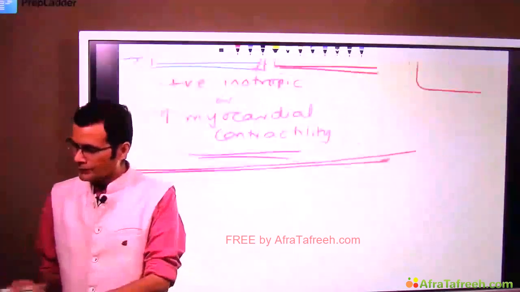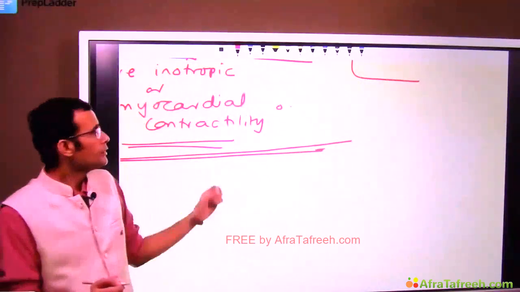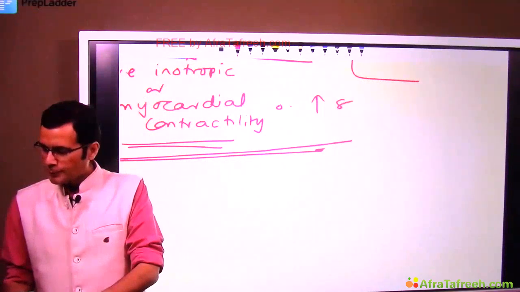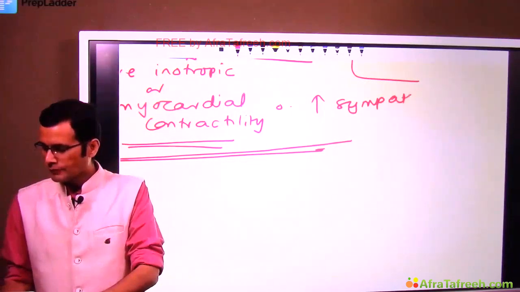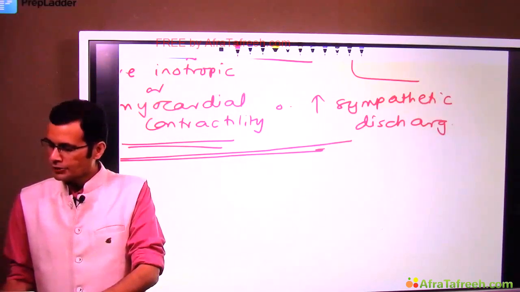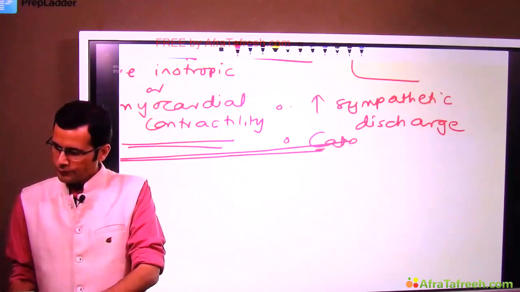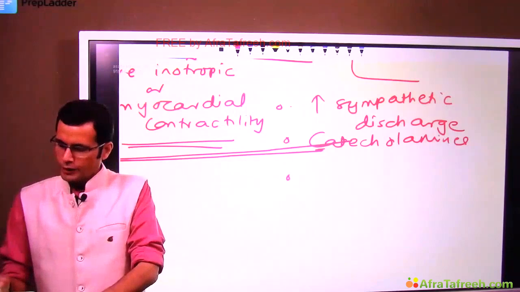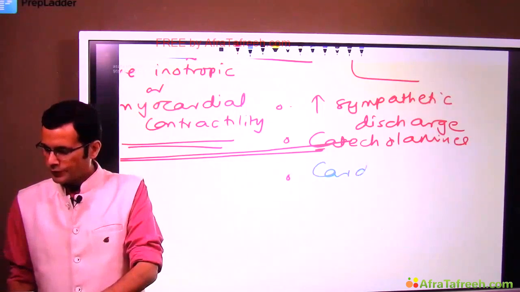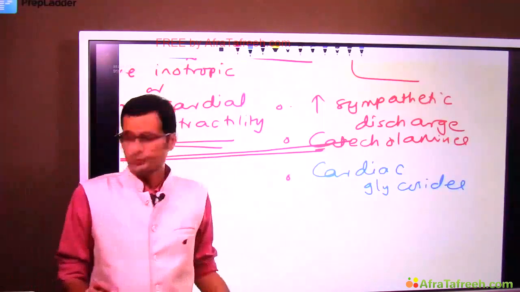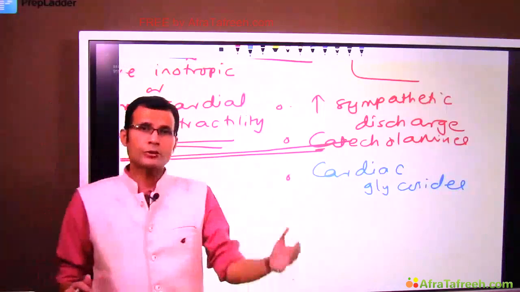Just let's complete this factor. Increased myocardial contractility is caused by increased sympathetic discharge, circulating catecholamines, then cardiac glycosides, digitalis, the drug that is given in heart failure, which will increase the contractility.